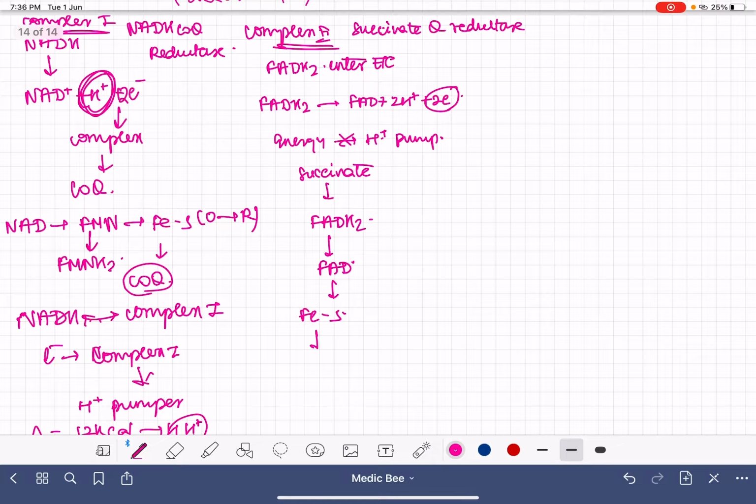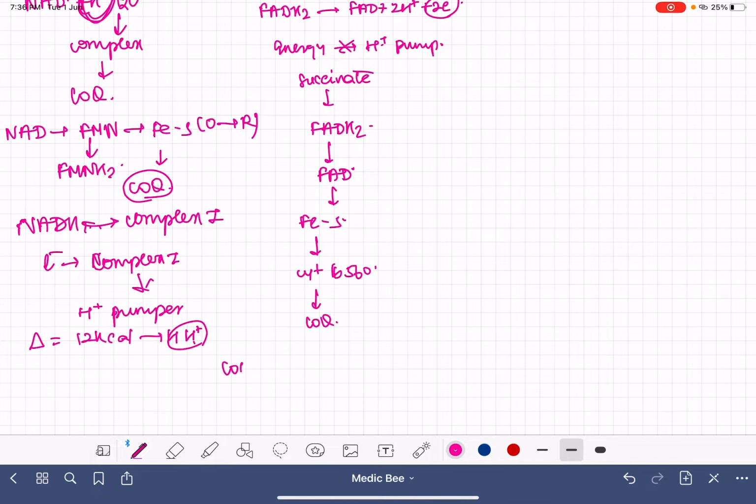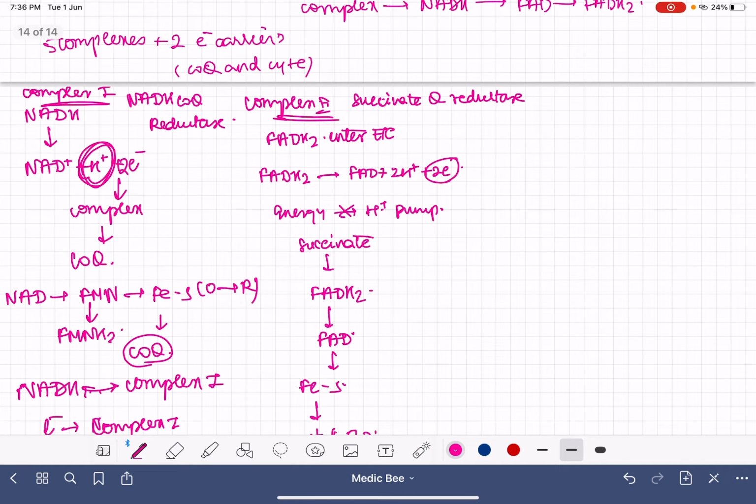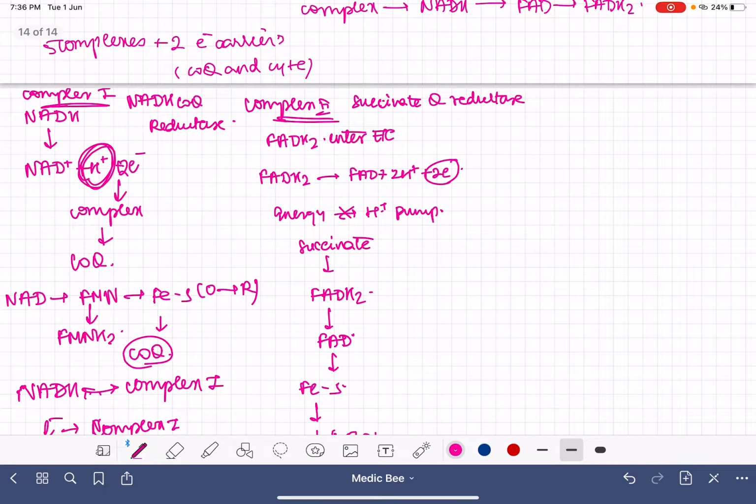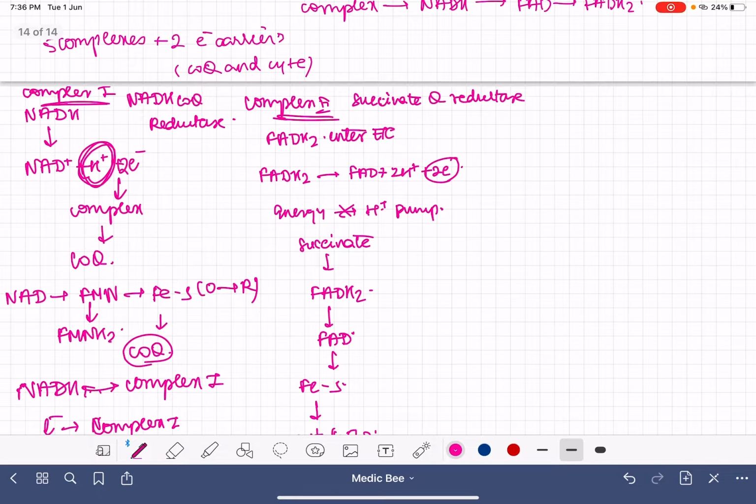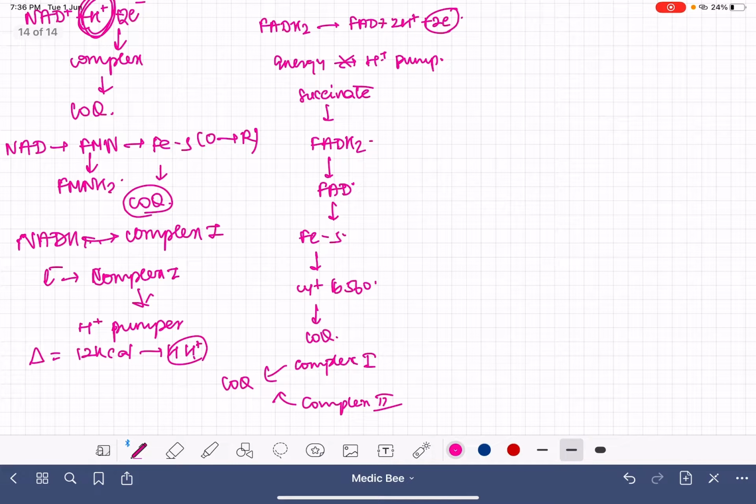From the iron sulfur complexes, they will be passed on through cytochrome B560, and from that finally to coenzyme Q. If you observe, both complex 1 as well as complex 2 are transferring their electrons to coenzyme Q. So these complexes are taking up the electrons from the reduced coenzymes, that is NADH and FADH2, and passing them on to coenzyme Q.